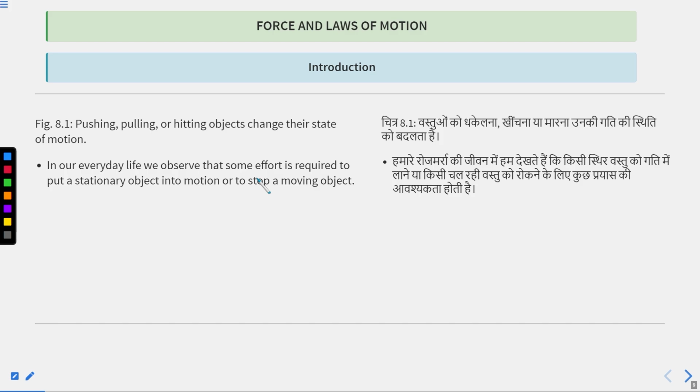Now the new state of the football is motion, and when the goalkeeper catches the ball, the ball returns to its rest position. So you have to make some effort to make a stationary object move and to make a moving object stationary.